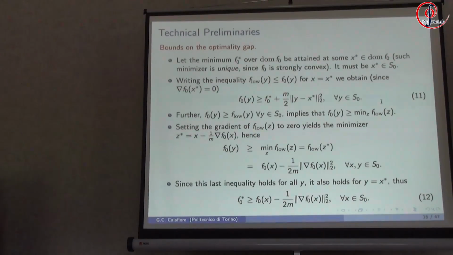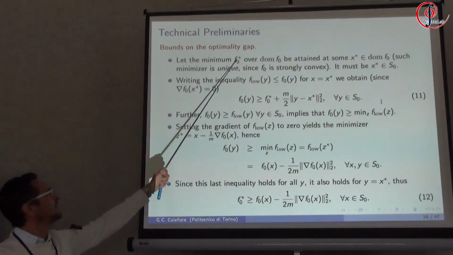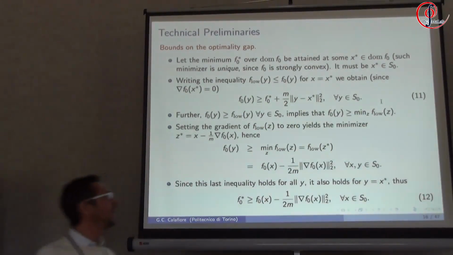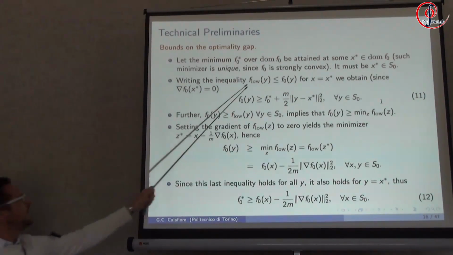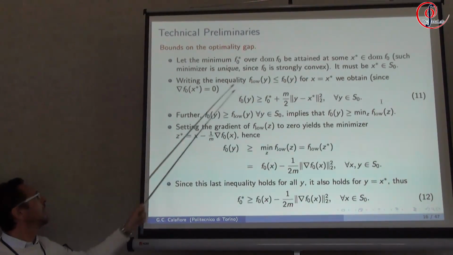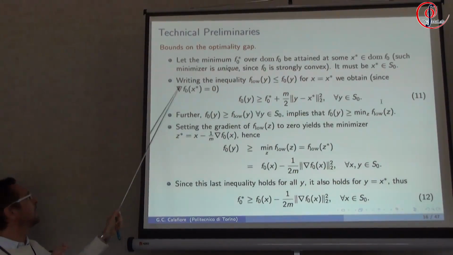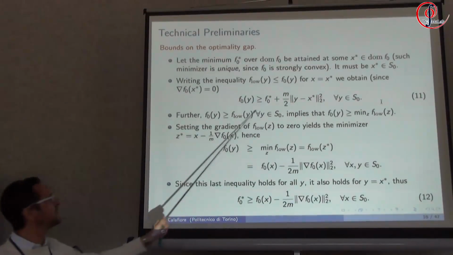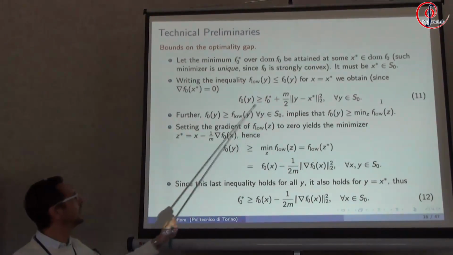So let us see what the consequence of this fact is. Suppose that f0 star is the minimum value of the function, which is attained at some optimal point x star. If we write the first inequality, the one for the quadratic lower bound, and since x star optimal means that the gradient has to be 0, then we obtain this first equation here.